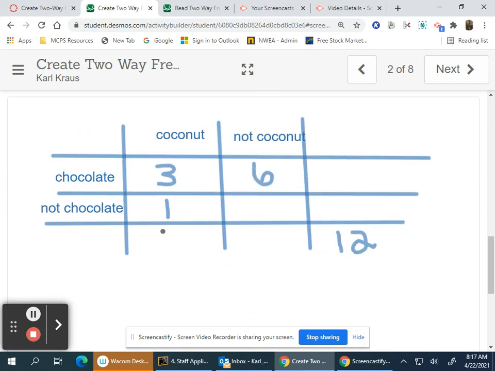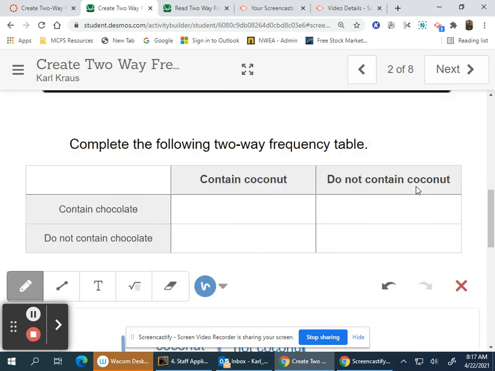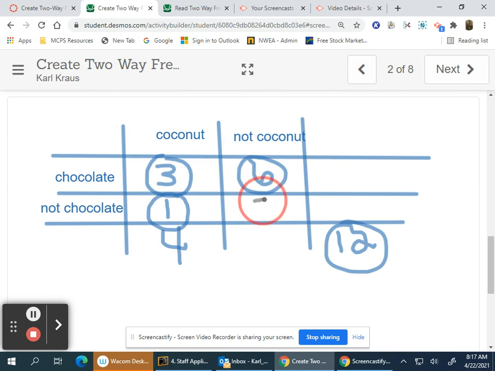Now I can get the rest by addition and subtraction. So these are the things that were given. And actually this is given too, a 2 here.